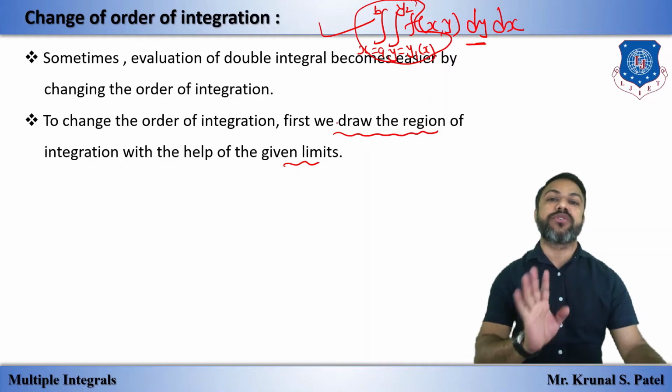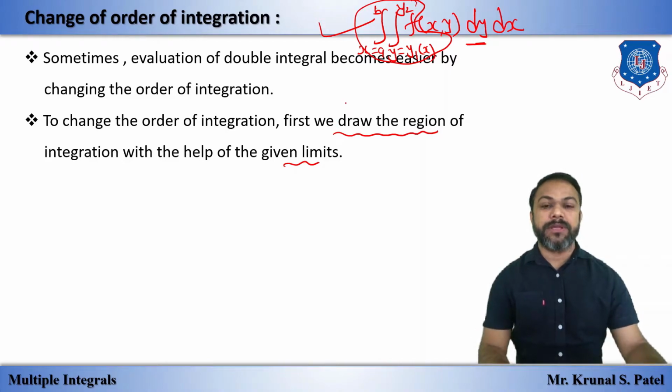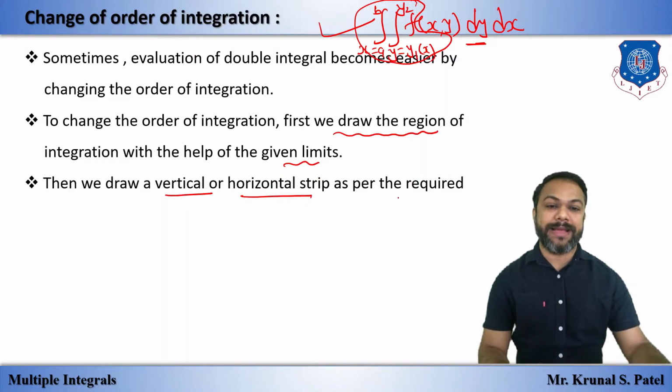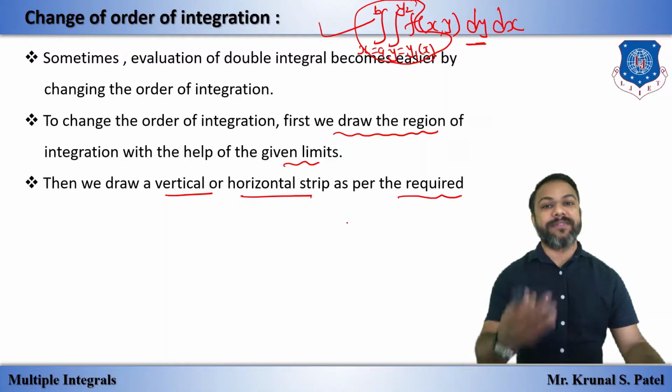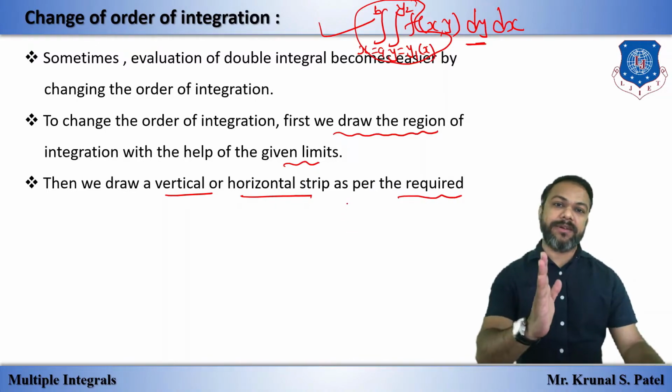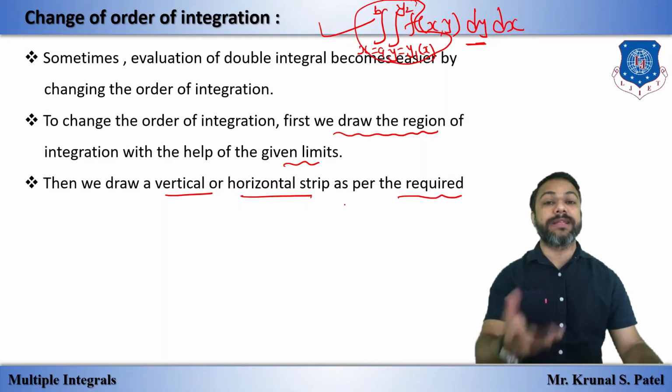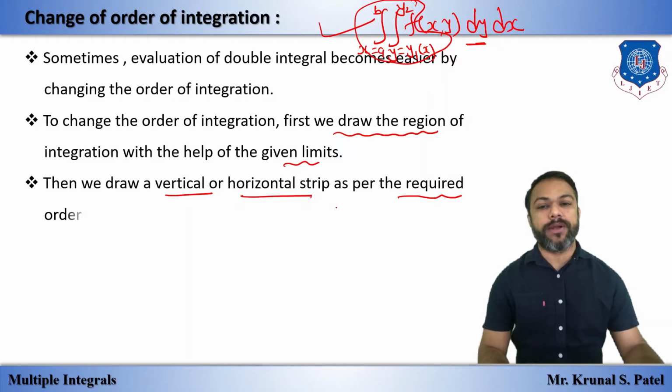This is called change of order. Simple. So we draw the vertical or horizontal strip as required: if vertical is given, we make it horizontal; if horizontal is given, we make it vertical. Only then can we change the order.